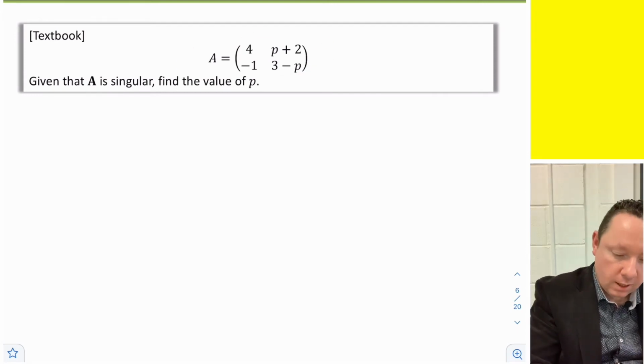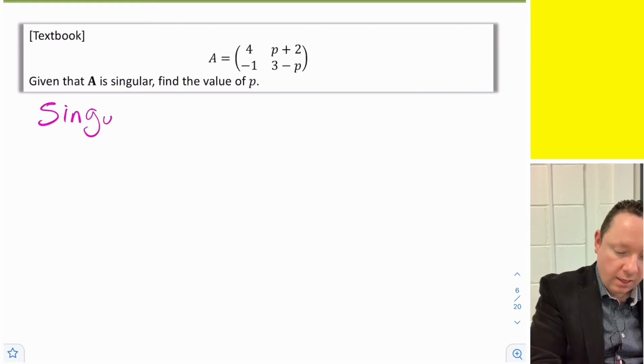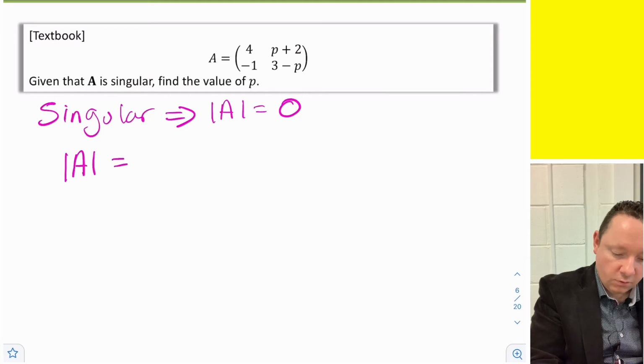So given that this matrix here is singular, we need to find the value of p. If it's singular, that implies that the determinant of A equals 0. So the determinant of this matrix is just 4 times 3 minus p, take away p plus 2 times minus 1, and that equals 0.